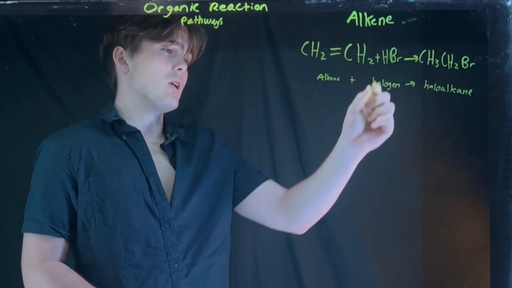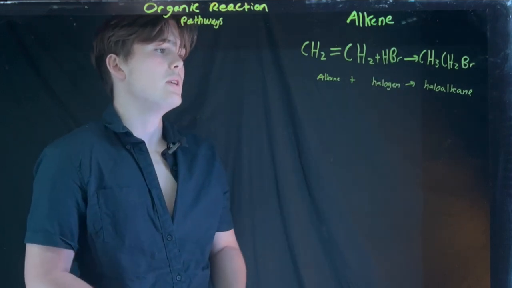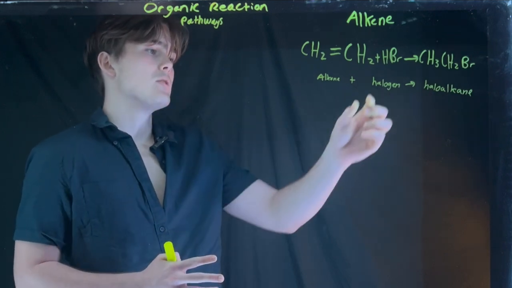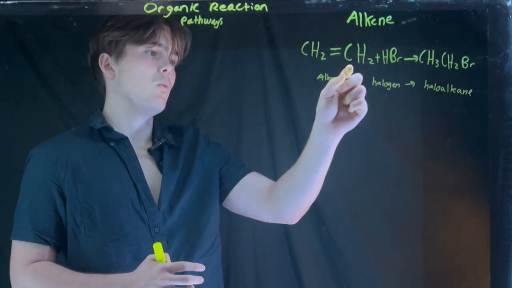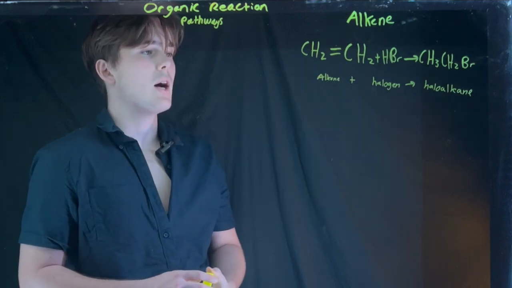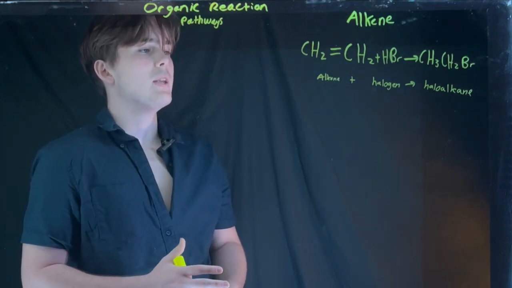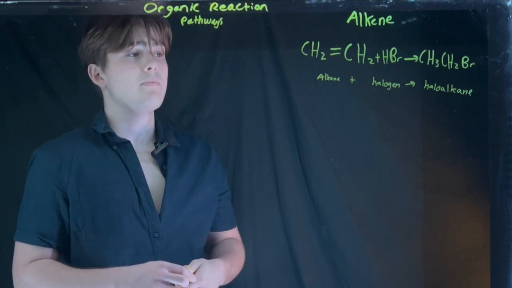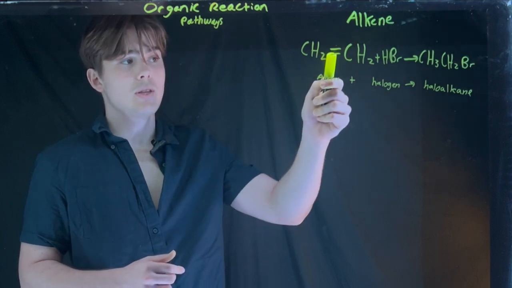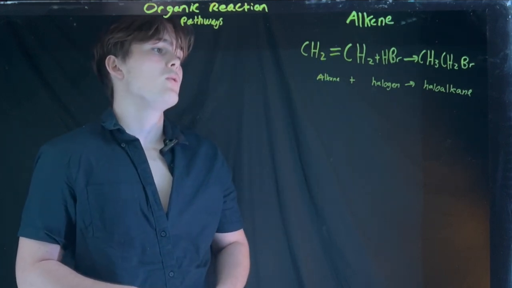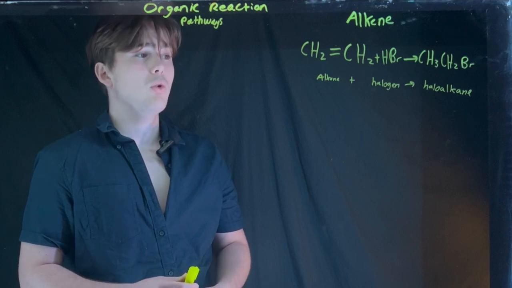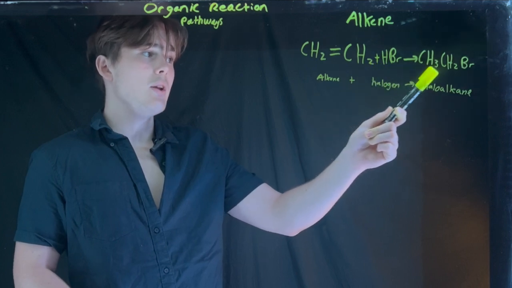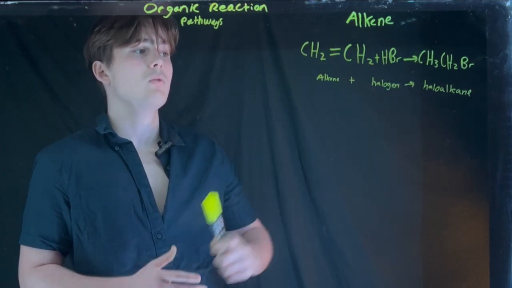Right, the reason we need this hydrogen as well as the bromine halogen is because that hydrogen attaches to one of these different carbons in ethene. With a symmetrical molecule like this, ethene is symmetrical around this double bond, so you can't really tell which side the hydrogen will attach to and which side the bromine will attach to.